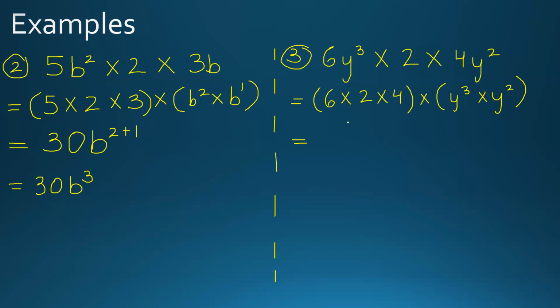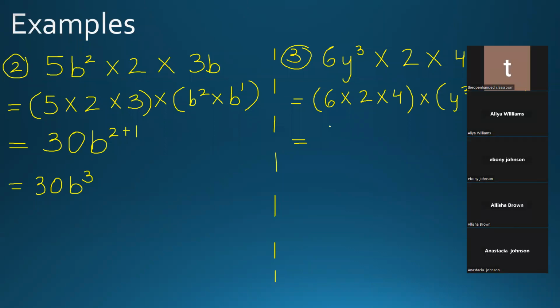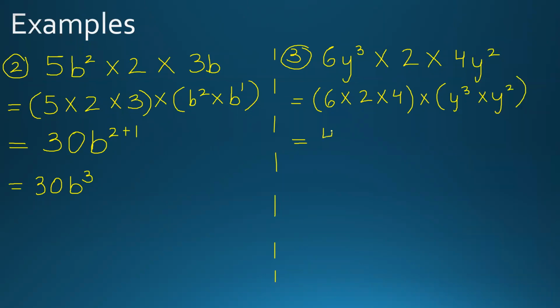What is 6 times 2? 12. Yes, 12 times 4. 12 times 4, say it again. 48. Very good. So the answer is 48. So that's for the numbers.